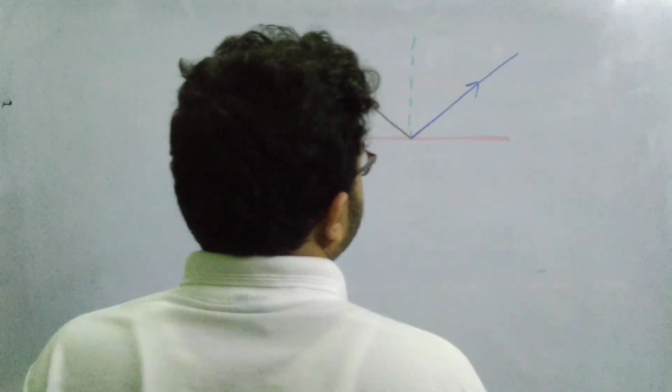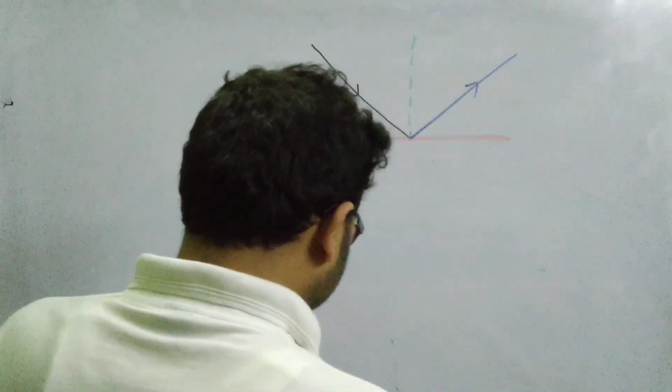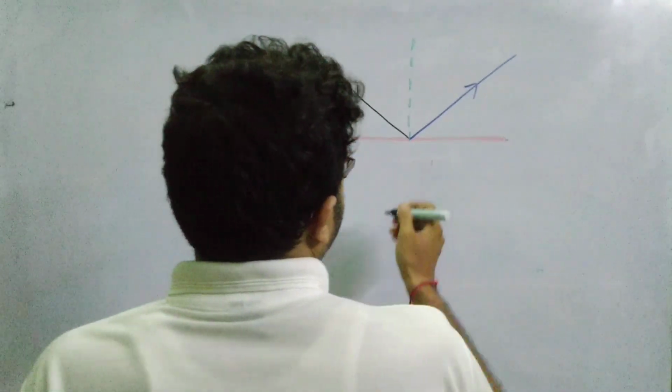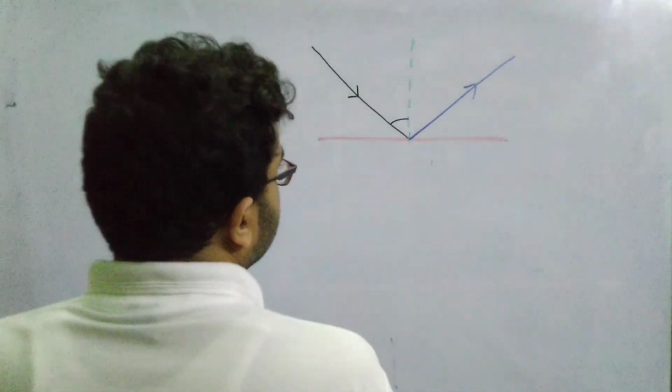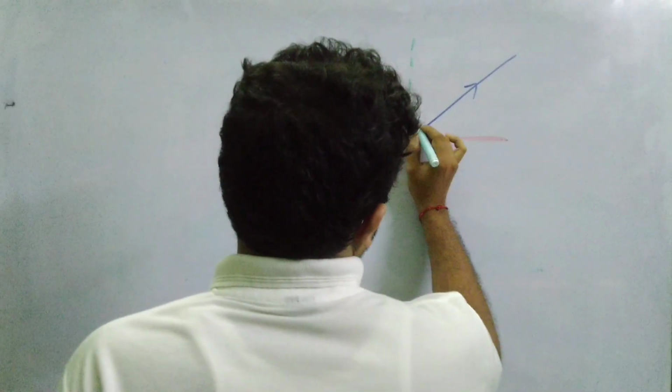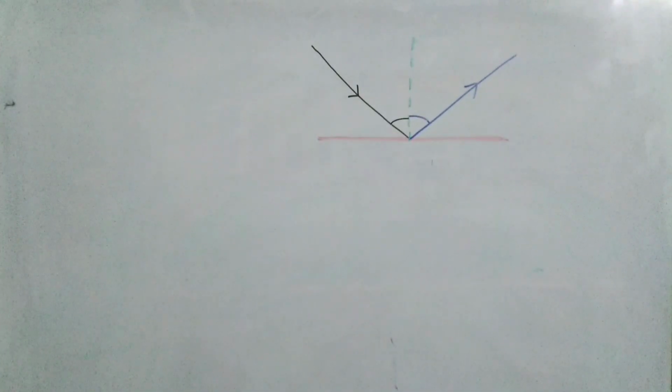So something like this happens. Here the light ray that is coming and hitting the plane makes a certain angle with this perpendicular line, and the light that is going out also makes a certain angle with this imaginary perpendicular line. Okay, now let me come to the terms one by one.